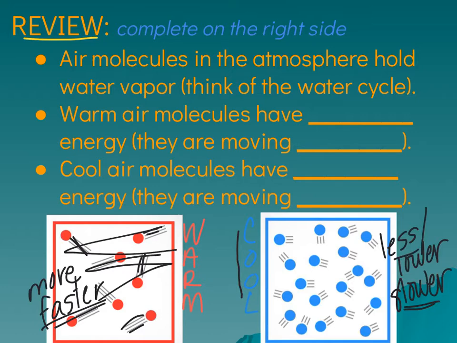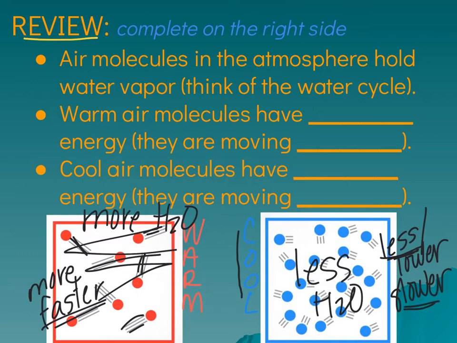Okay. Now, one little side note about each of these as well is that cooler air can hold less water vapor because it's got less energy. It's not strong enough to hold up more molecules within it, where the warm air over here can actually hold more water vapor. Again, notice there's a little bit more space in between all these molecules.